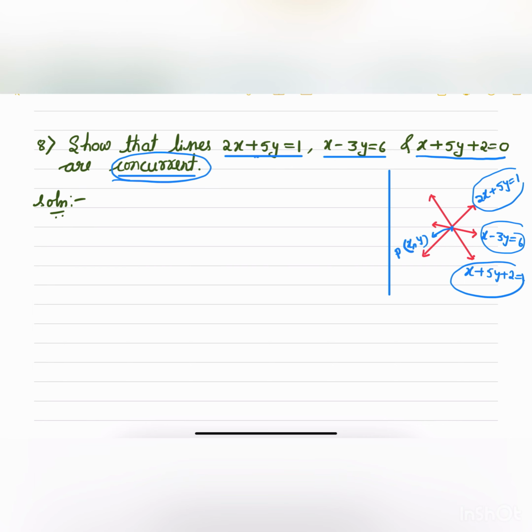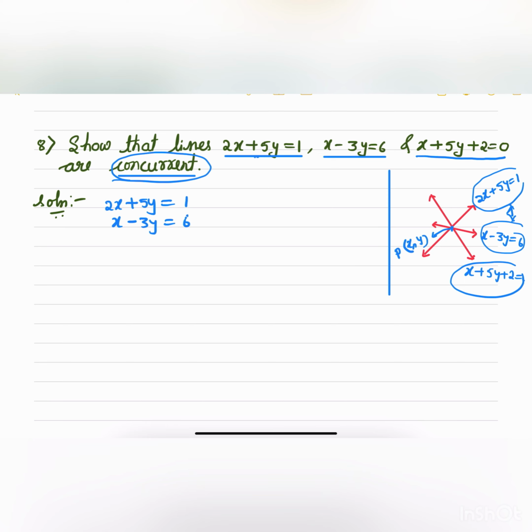Let us start with the first two equations, these two I'll take. 2x plus 5y is equal to 1, and the next equation is x minus 3y is equal to 6.